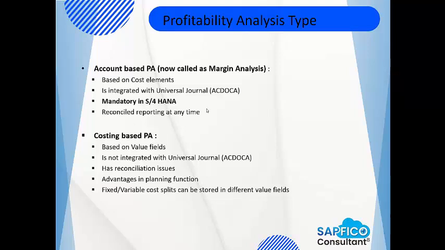It is based on GL accounts or cost elements, cost elements defined as 0, 1, 11, 12. It is purely based on cost elements. It is completely integrated with the universal journal ACDOCA.